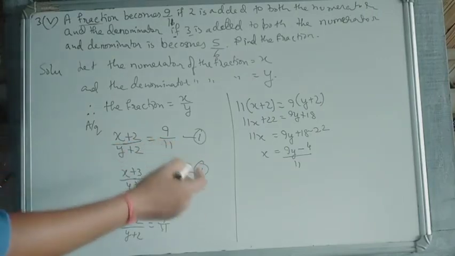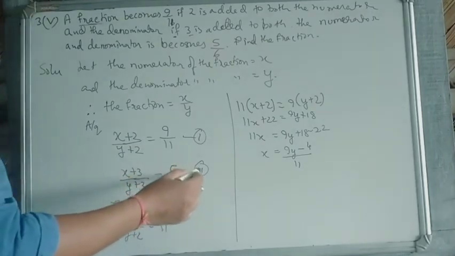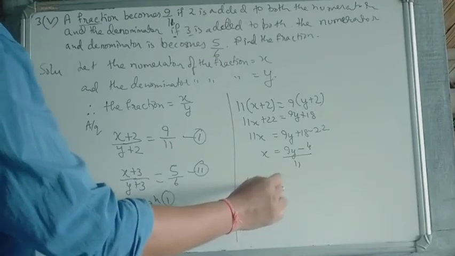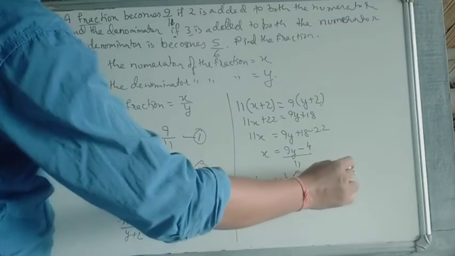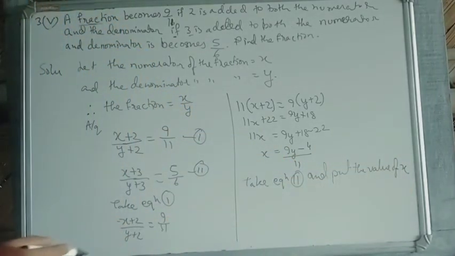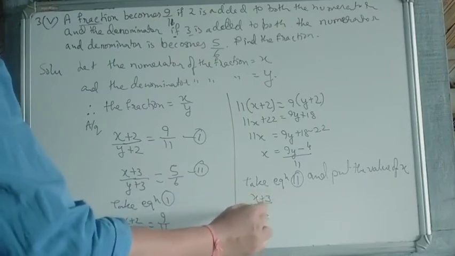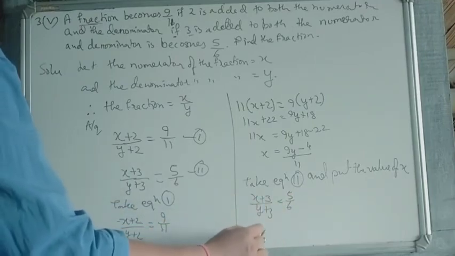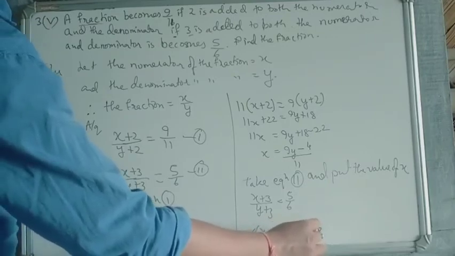Same way we will solve equation number 2 now, and then we will put the value of x there. Now take equation 2 and put the value of x. Equation number 2: x plus 3 by y plus 3 is equal to 5 by 6. 6 will come here: 6 into x plus 3 equals 5 into y plus 3.